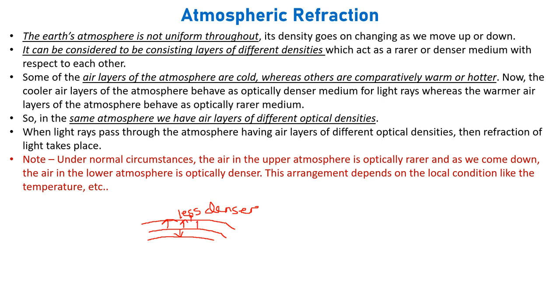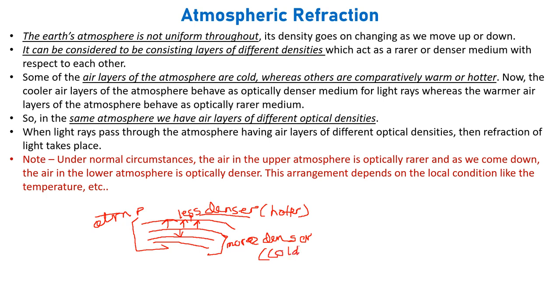So this is my atmosphere, I'm writing the short form of atmosphere. The upper layers are less dense because they are hotter. And the lower layers are more dense because they are cold.